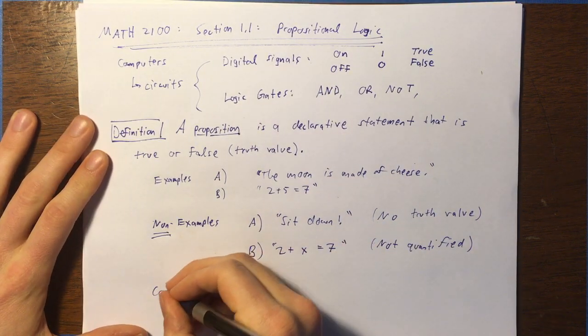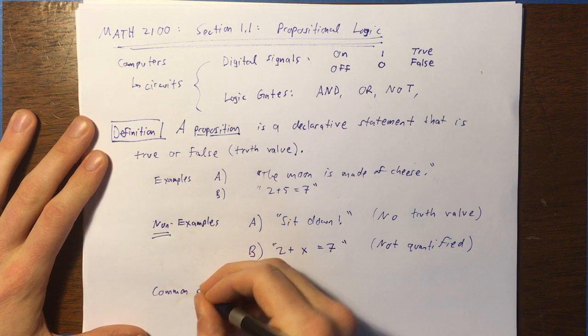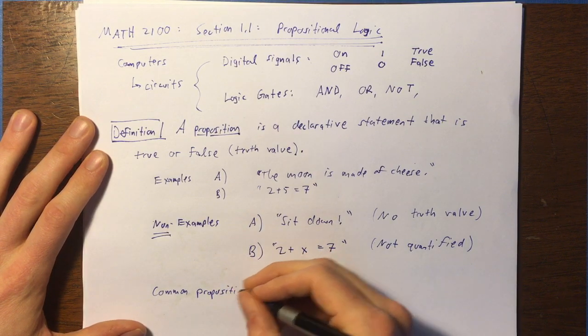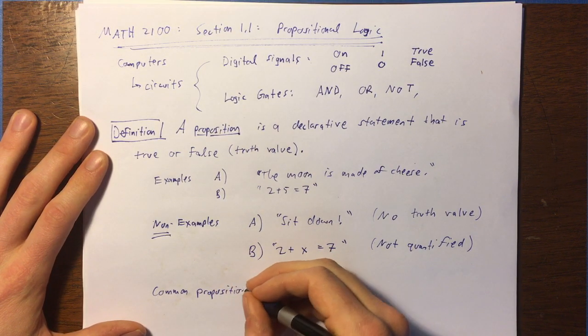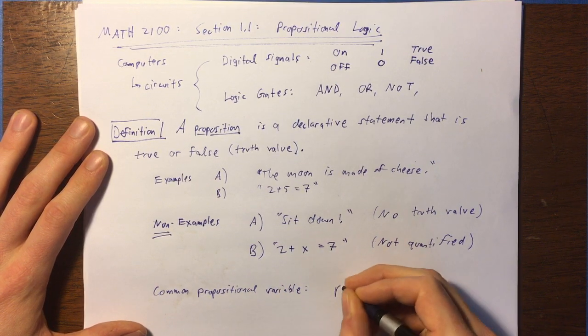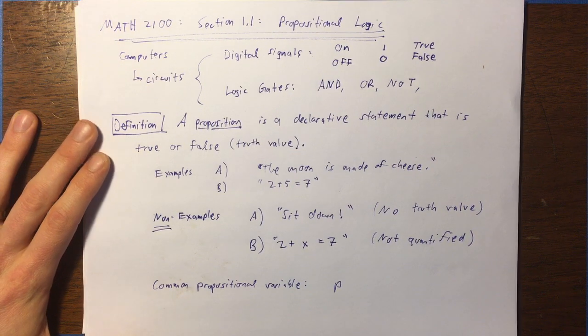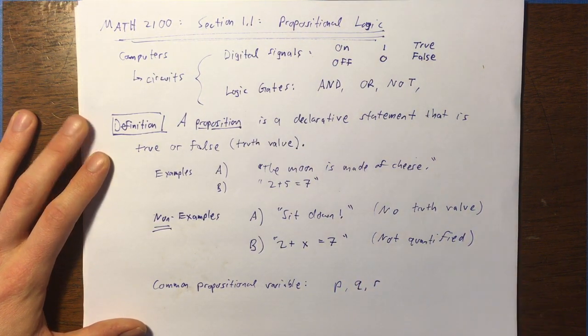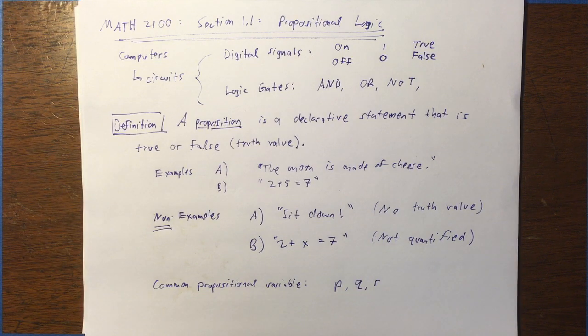Now, a lot of times we're going to use variables to represent propositions. So common propositional variables are, as you can probably imagine, the letter P. It's a popular one because it stands for proposition. And so if we're going to use P, we might as well use Q and R and sometimes S as well. So those are pretty common letters we use for propositional variables.